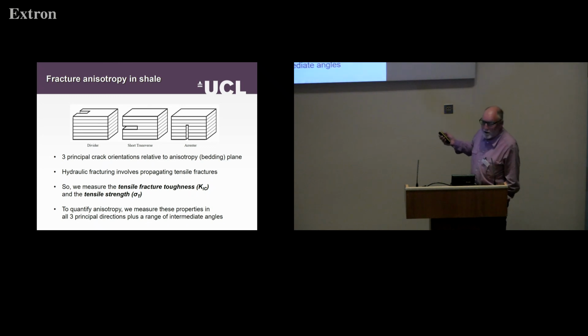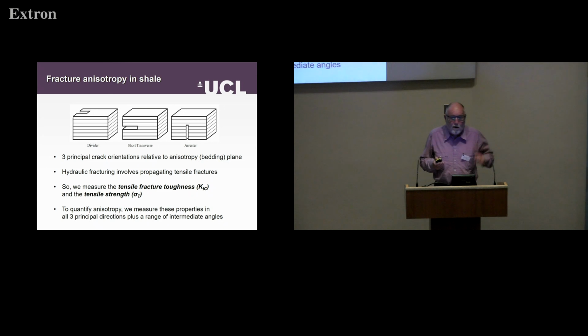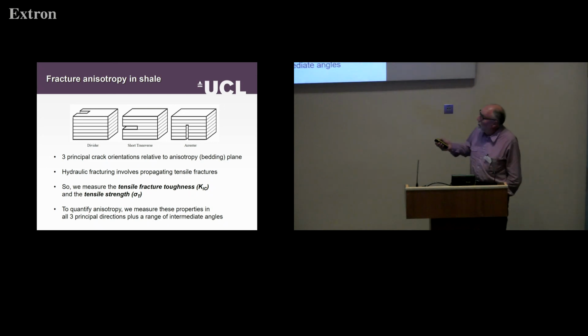The opposite is the arrestor geometry, where both the fracture orientation and the fracture propagation direction are normal to bedding. So that's the equivalent of a vertically propagating fracture in a horizontally bedded sequence in the crust. And the third direction is the so-called divider orientation, where the fracture plane is normal to bedding, but the fracture propagation direction is parallel to bedding.